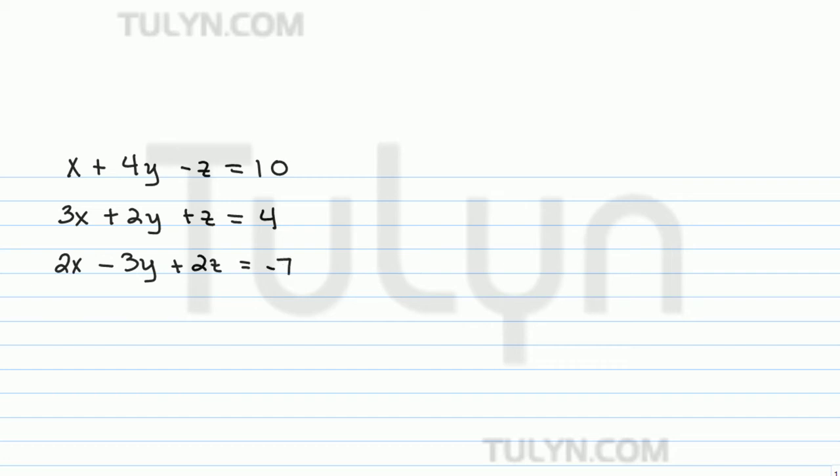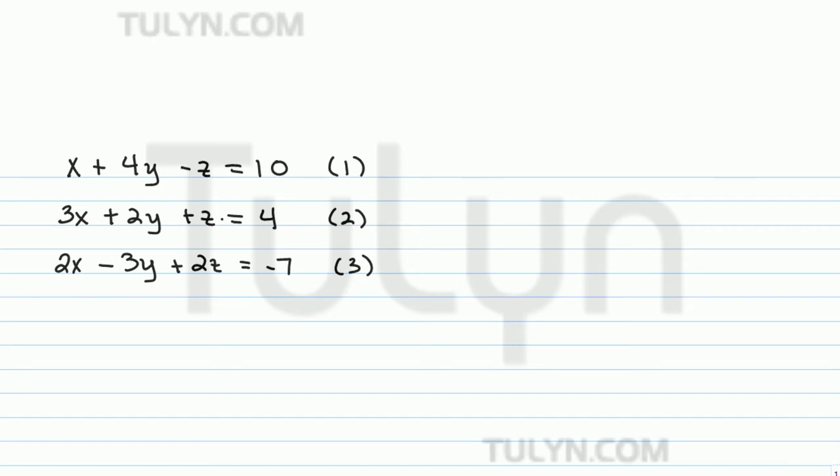Now for clarity's sake, let's label all of these equations. So we're going to call the first equation 1, the second equation 2, and predictably the third equation we're going to call 3.